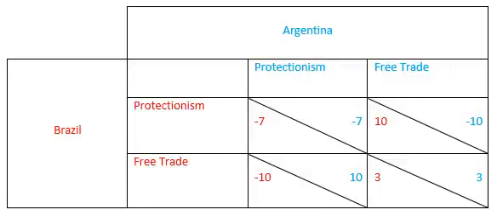Now let's see this in an economic situation from a liberal perspective. We have country A, which will be Argentina, and country B, which will be Brazil. If they had free trade between them, both countries would have benefits from it. However, they are able to apply some protectionist actions that could end free trade.